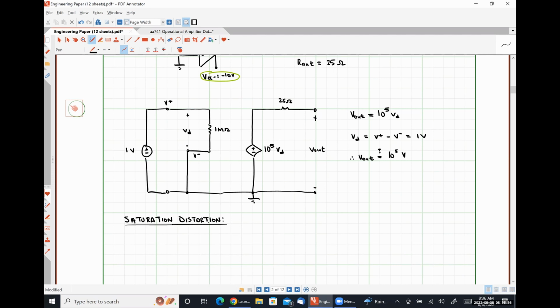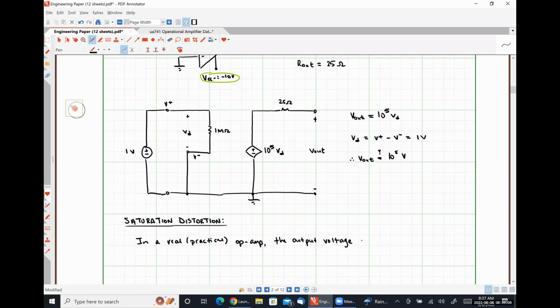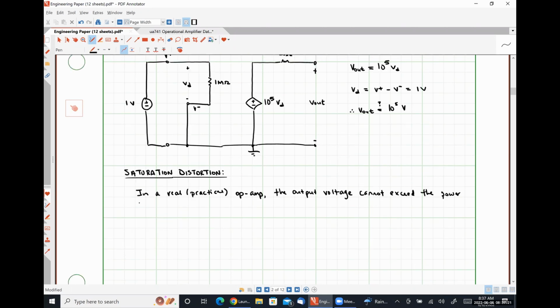Saturation distortion simply means that in a real practical op amp, the output voltage, sorry, singular, cannot exceed the power supply voltages VCC plus and VCC minus.